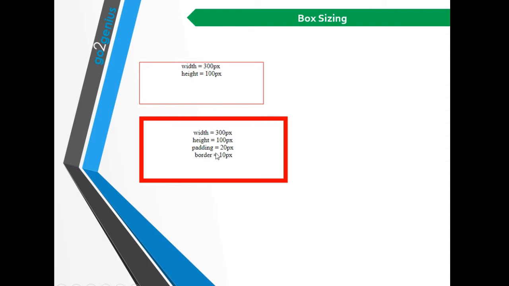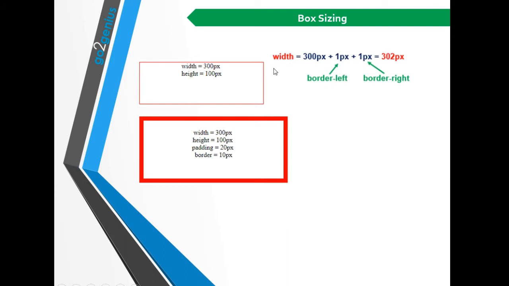Here we have just given padding of 20 pixels on each side of this element and a border of 10 pixels. So now we will calculate the width and height for this element. First, we will calculate the width and height before applying the padding and border.